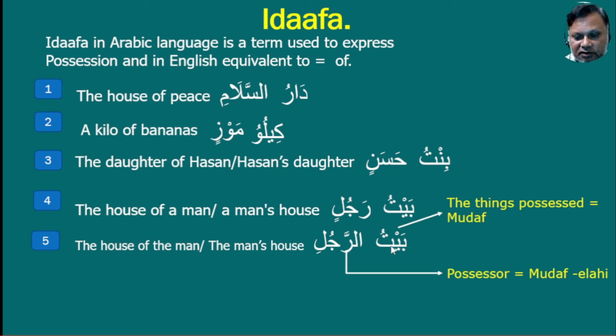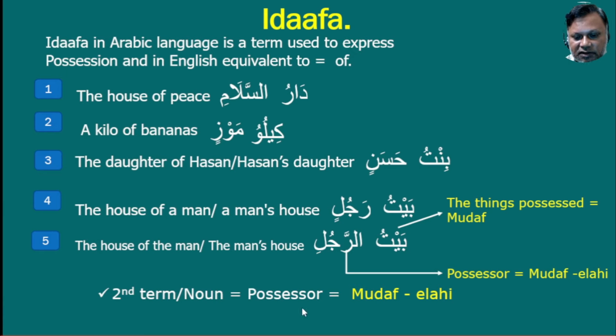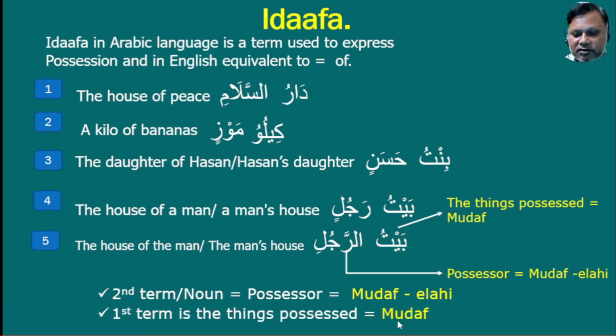The relation between two nouns is that one noun is the owner of the thing, and the first noun is the thing the owner possessed. So this is the thing possessed, mudaf, and the possessor, mudaf ilahi. The second term is called mudaf ilahi and the first term is called mudaf. These are two terminologies.